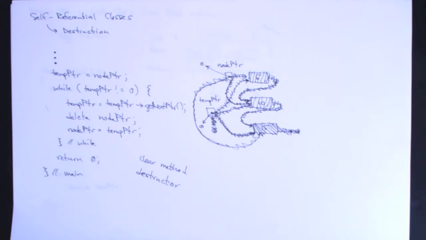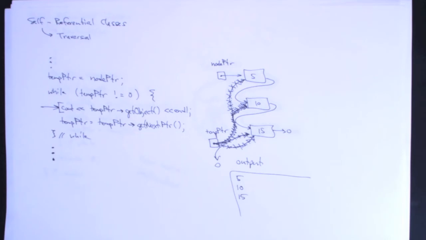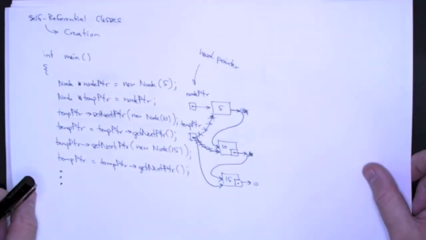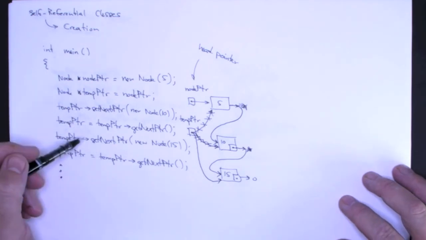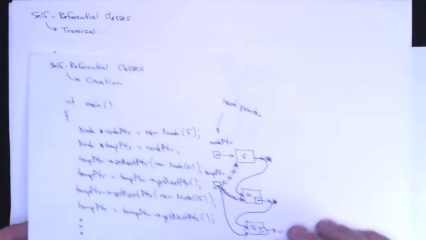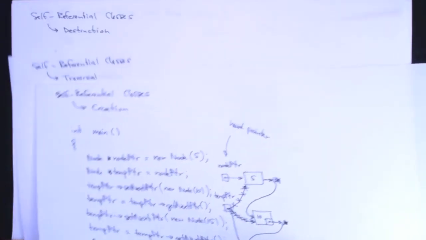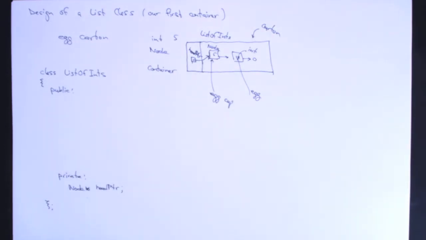Well, this was all just code in the main function, right? I just had this in a main function. What we're going to do is take code that's inspired by this example, and put it into methods. We're going to encapsulate these operations in methods of my list class.